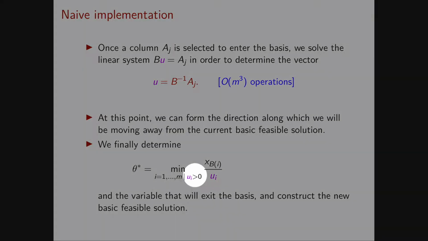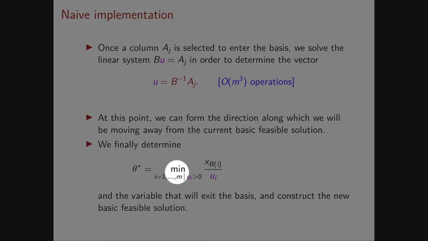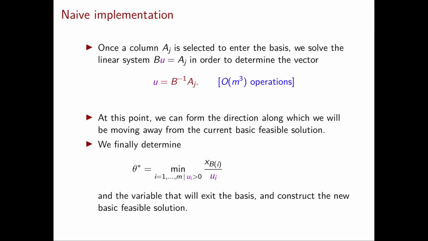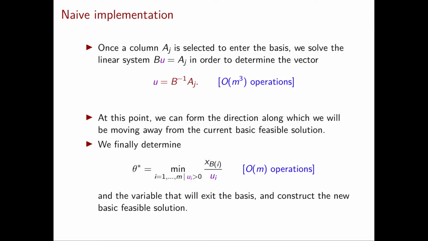At this point we have all the xbi's available and we have computed all the ui's, so with at most m operations we can compute all these ratios. And then with essentially m more comparisons, we can find the one that is the smallest, and so we can compute theta star. So in total, theta star can be computed with big O of m operations.